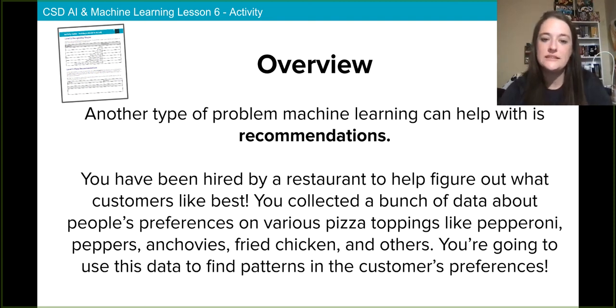You collected a bunch of data about people's preferences on various pizza toppings like pepperoni, peppers, anchovies, fried chicken, and others. Fried chicken? I have literally never had fried chicken on a pizza, but okay. You're going to use this data to find patterns in the customer's preferences.